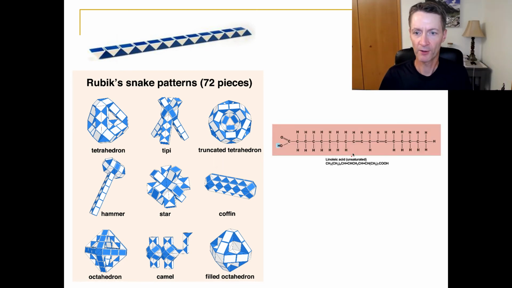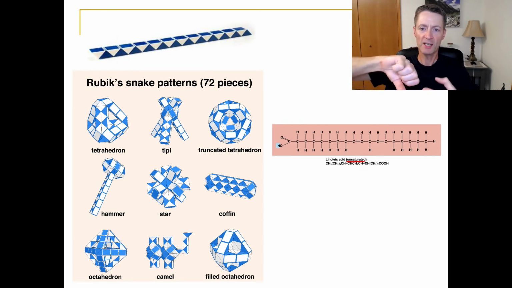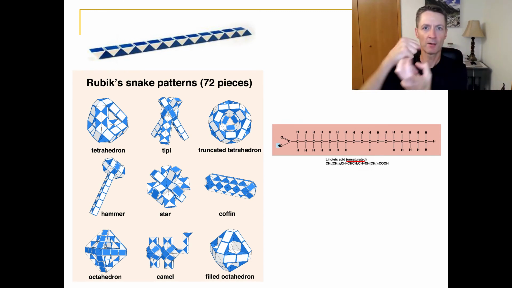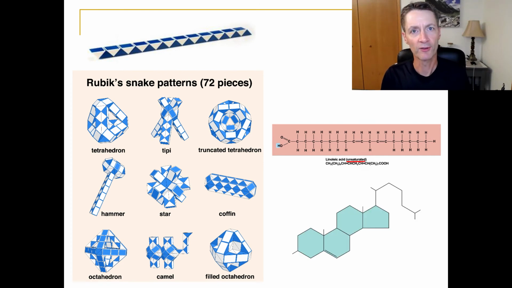A fatty acid, long chain of carbons. Whether it's unsaturated like this one or not, imagine taking this long chain of carbons and kinking it up and making a shape out of it like this, with every one of these little corners being a carbon. Okay, it's not representing all of the atoms, just the carbons here at these corners.